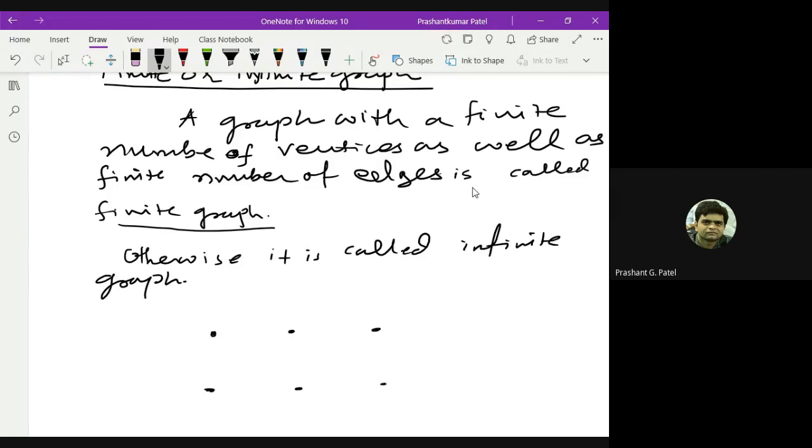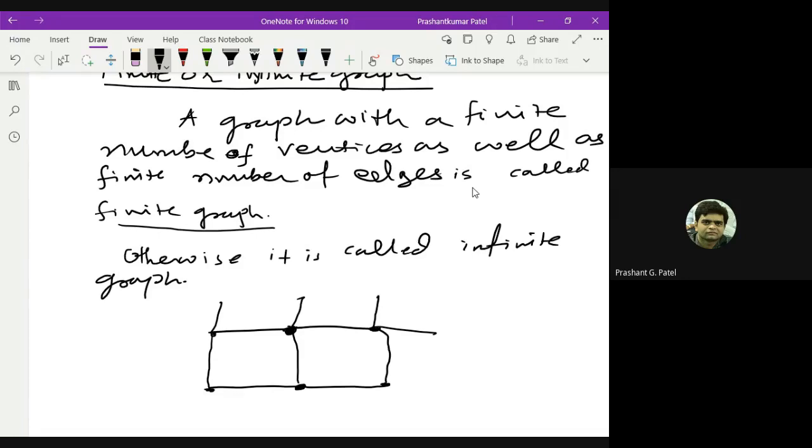But I can define a graph like this, and this goes on and on, like a grid.